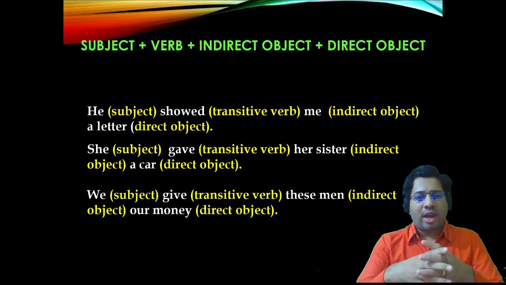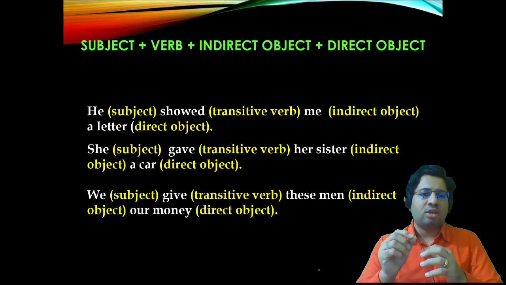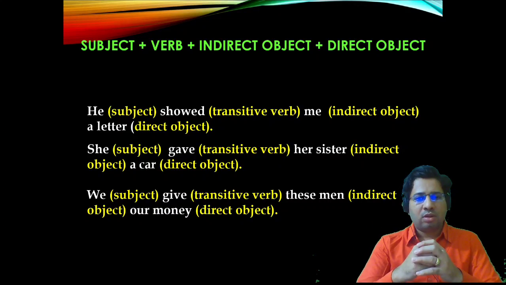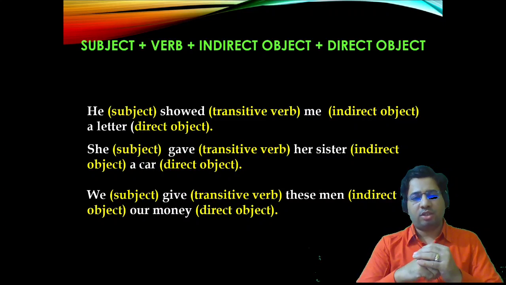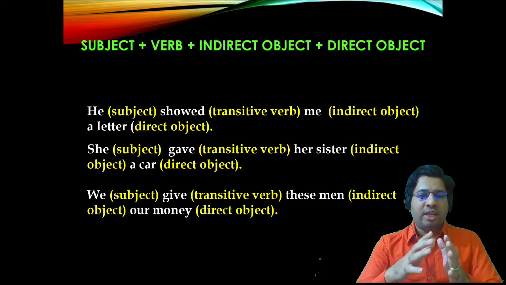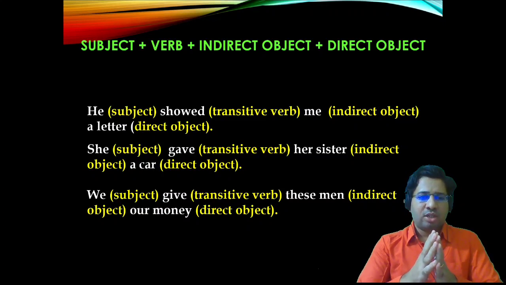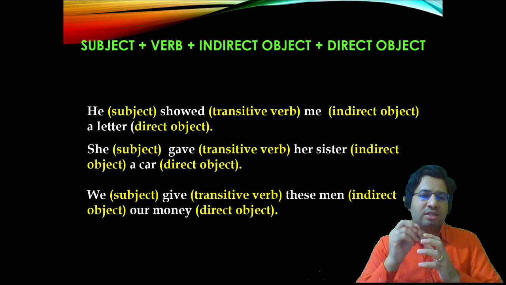A good way to identify the indirect object is to ask the question to whom or for whom after the direct object. The answer is always the indirect object. For example, he showed me a letter. So in this sentence, he is a subject, showed is a transitive verb, me is an indirect object, and a letter is a direct object.